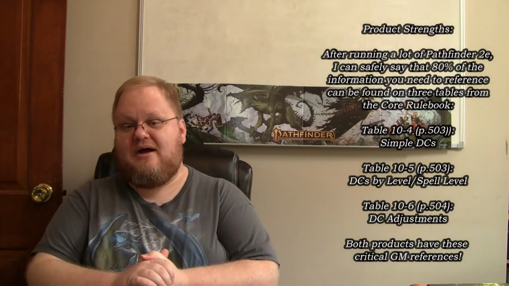Since those are the most important references in the game, and since both of these products include those references, honestly, they're both excellent products. The primary difference between the advanced Game Master screen and the basic Game Master screen is that the advanced Game Master screen is going to include some information from subsystems in the Game Mastery Guide. Most notably, it has tables to allow you to randomly generate monsters and randomly generate traps that your players might encounter.